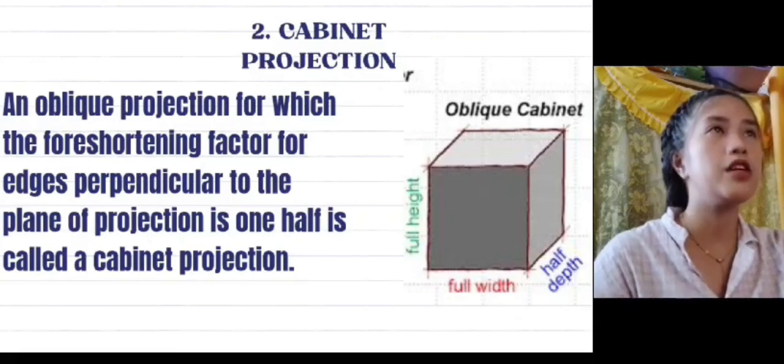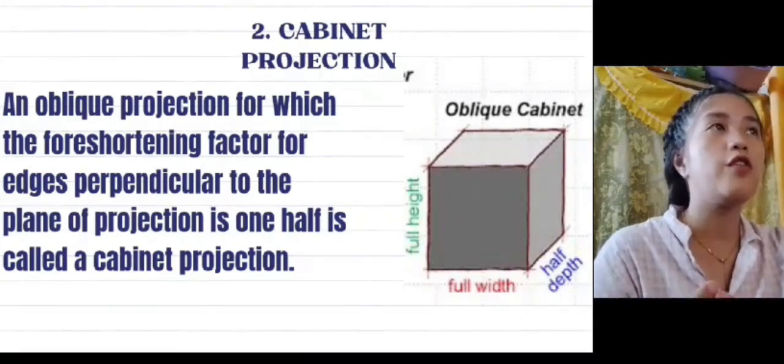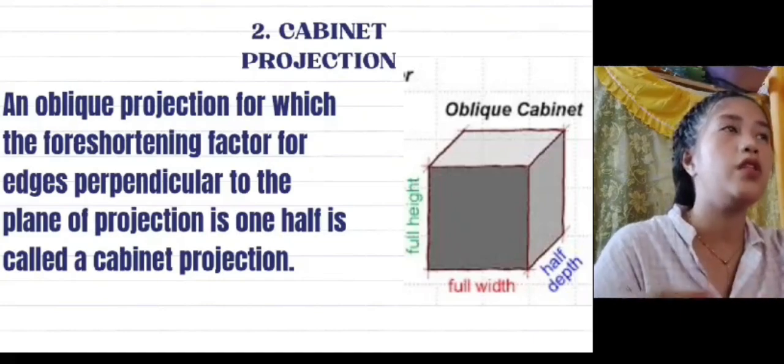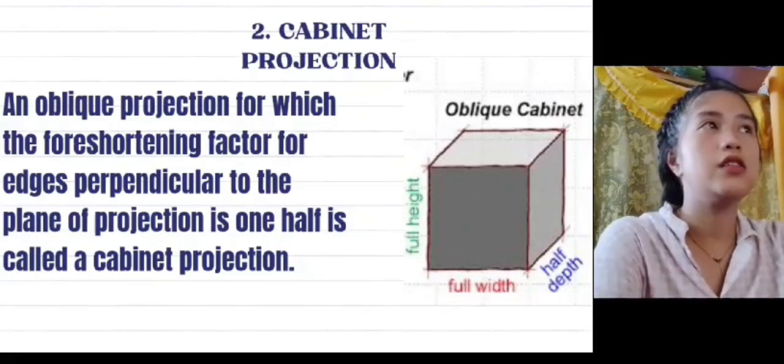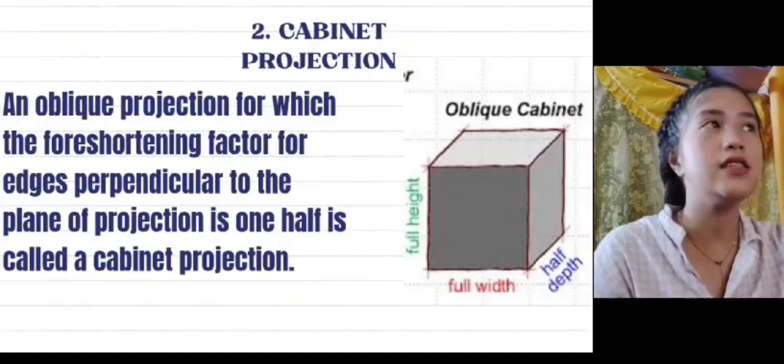A cabinet projection is an oblique drawing for which the foreshortening factor perpendicular to the plane of projection is 1/2. So, the cabinet projection is a way better version of this.